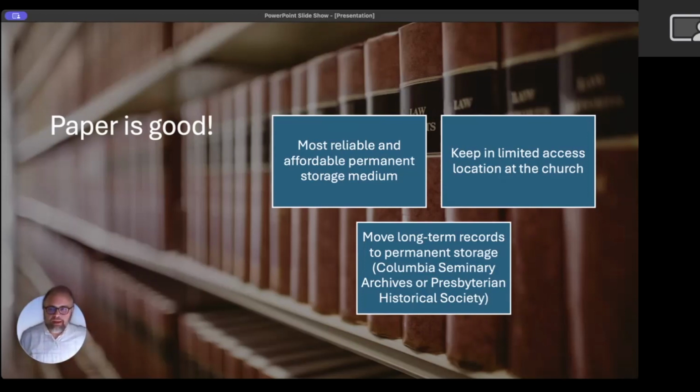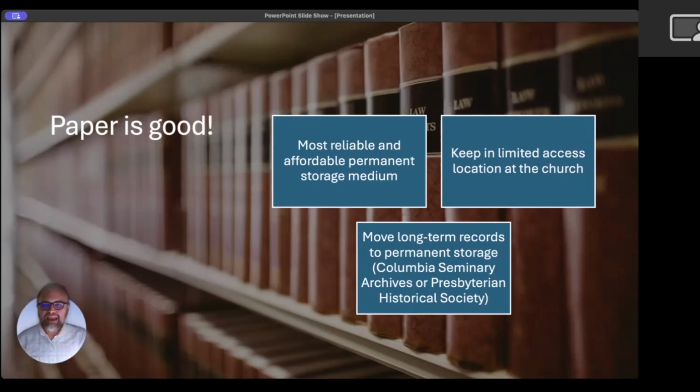They are watching the things to make sure that it doesn't get leaked on when the AC unit breaks down, or if there's some sort of emergency that affects them. Don't leave stuff in the basement file cabinet. That is absolutely important. You may lose them. So paper is good.